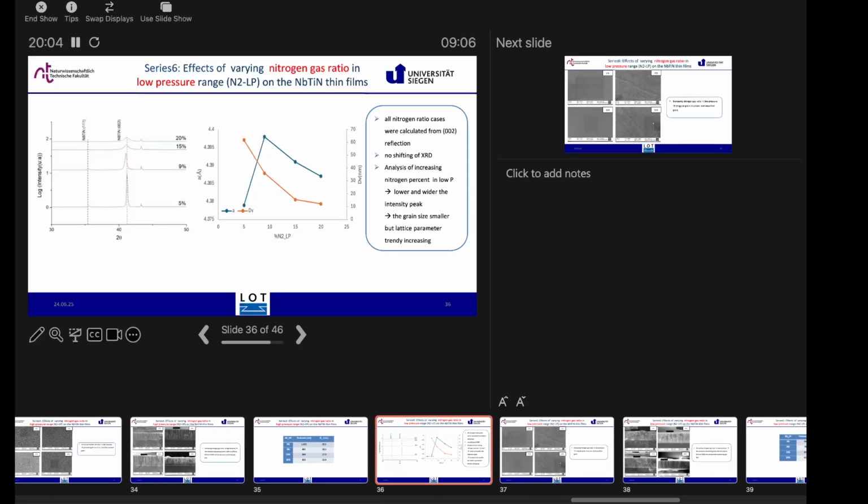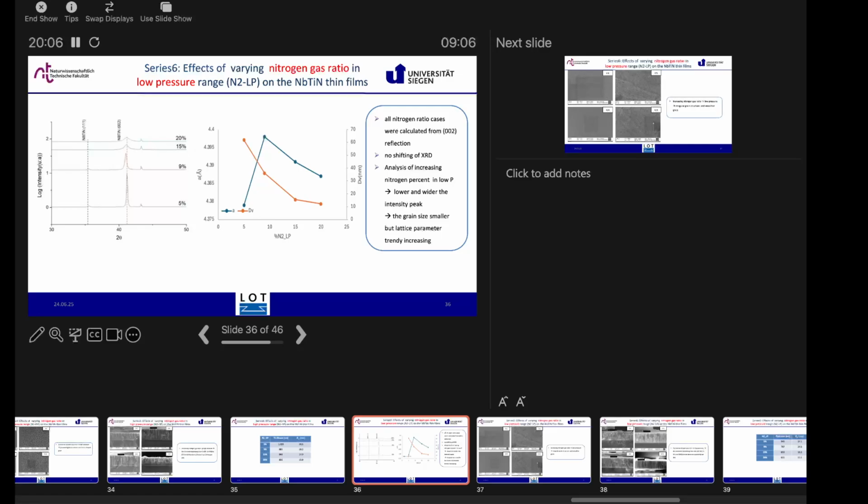Now we're coming to the last theme, still nitrogen gas ratio but in the low pressure range. The XRD result shows that we got the result only from the zero slope 2 reflection. That means all the lattice parameter and grain size were predicted from the zero slope 2 reflection. If we zoom in and focus on the red line, we see the middle peak stays constant.